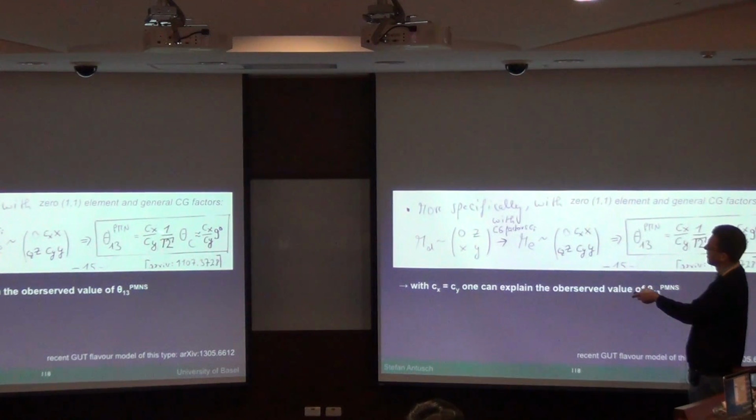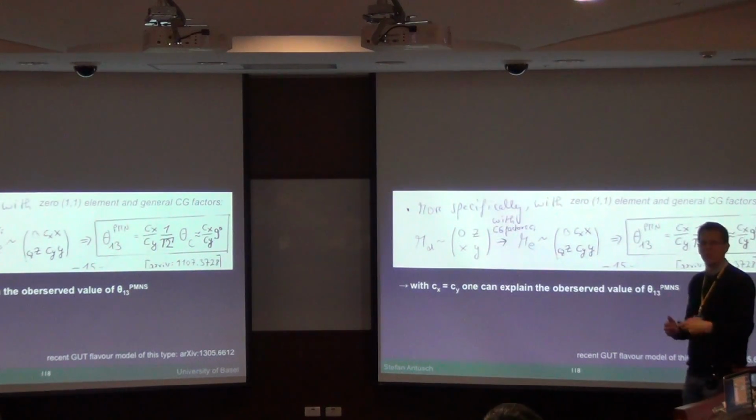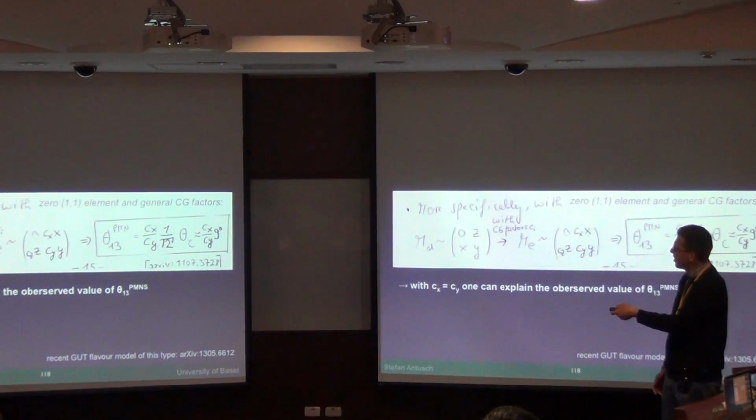So if you take θ Cabibbo over square root of 2, this is approximately 9 degrees. So it's 9 degrees times the ratio of these two Clebsch factors. And so it turns out that the only thing you have to arrange for is that you have equal Clebsch factors for these elements.